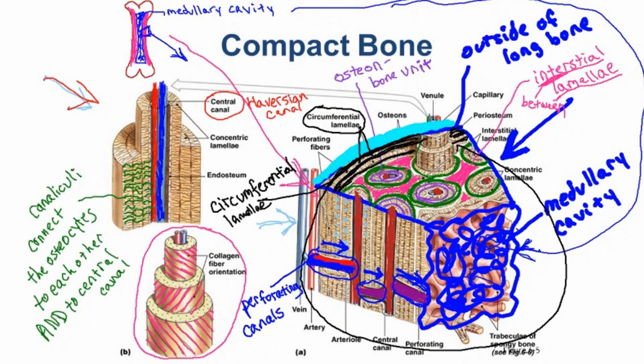We have the osteocyte, the actual bone cell itself, inside lacuna in between lamellar layers, and the lamella makes layers in concentric rings around each other, around the central canal, and each unit of that is called an osteon. So I hope this made sense, and join me for the fourth video when we talk about the ossification of the bone.